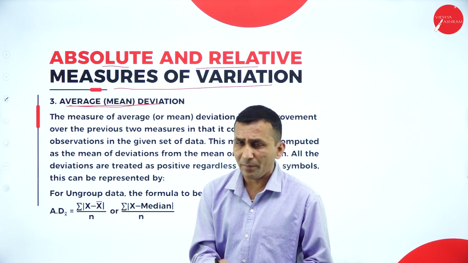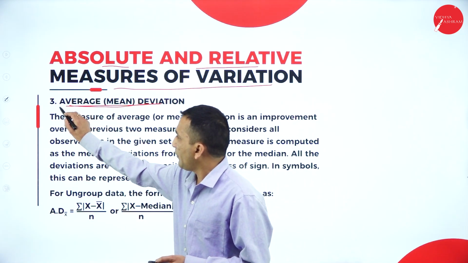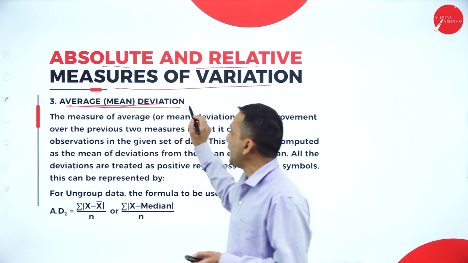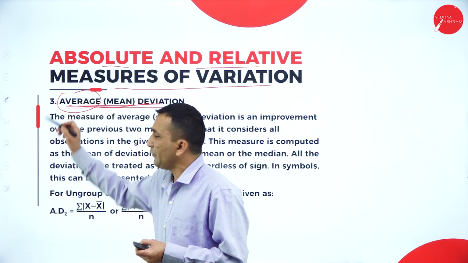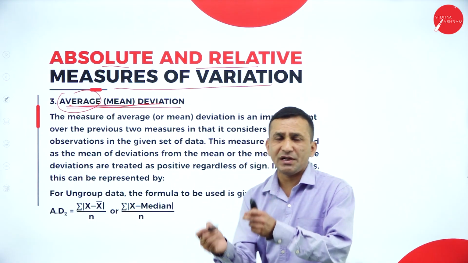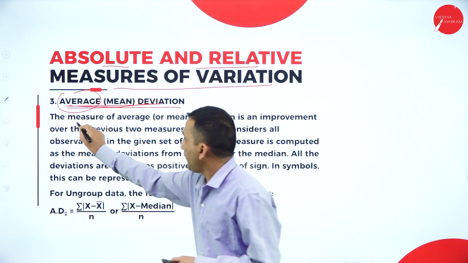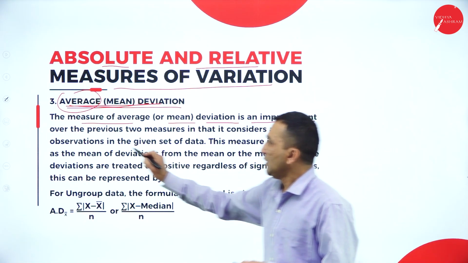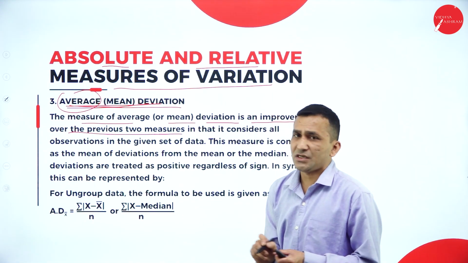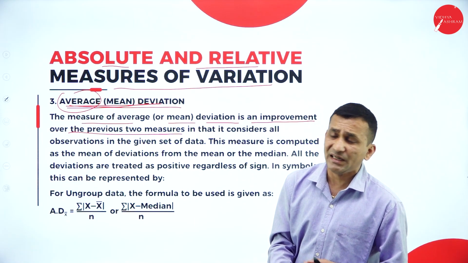To overcome those drawbacks, we go for average or mean deviation. The name itself suggests we calculate based on the average, like x bar, mean or median. The mean deviation is an improvement over the previous two measures, range as well as quartile deviation.